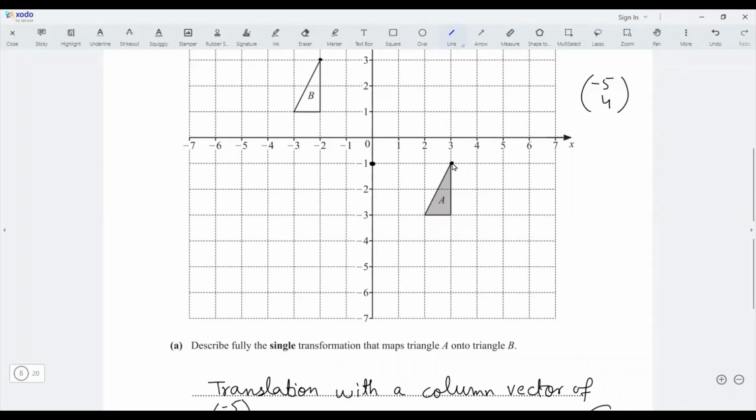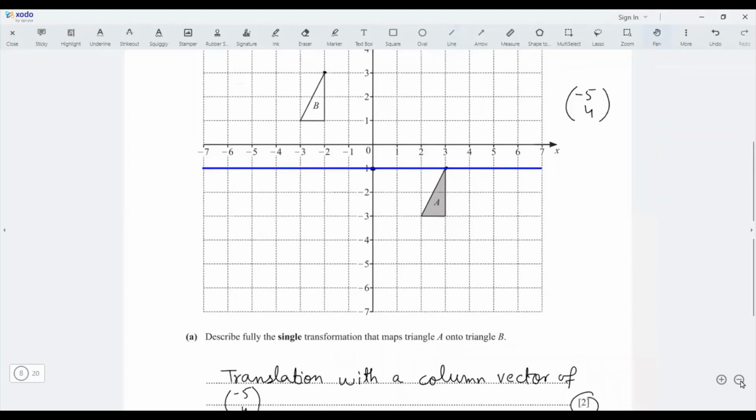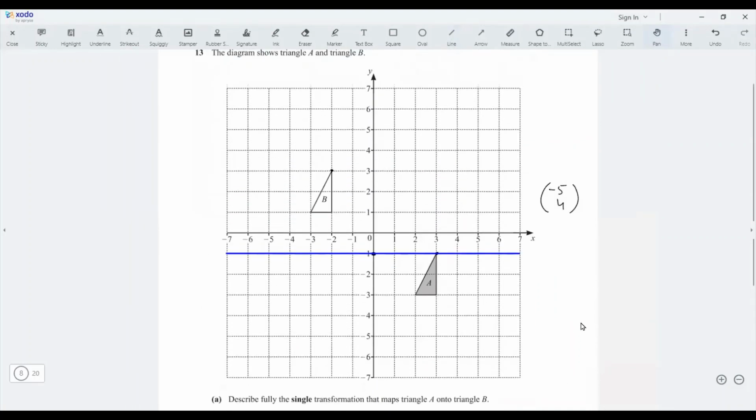So I am simply making this line starting from here and extending it till the whole grid. If we make it like this, then it will be easier to solve. So I am passing this point through this line. Oh, pardon.